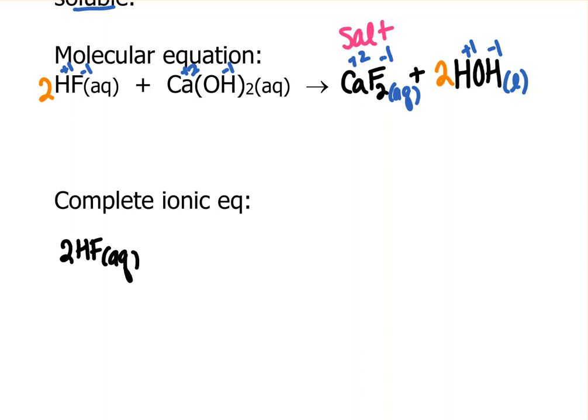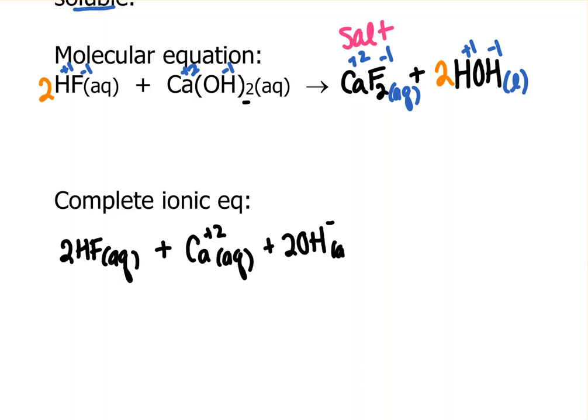Okay, next we have our calcium hydroxide. Well, that is one of our strong bases, but also it says AQ here. So I'm going to break that apart. Remember to watch these subscripts to get the correct number. We have a way to check that though.